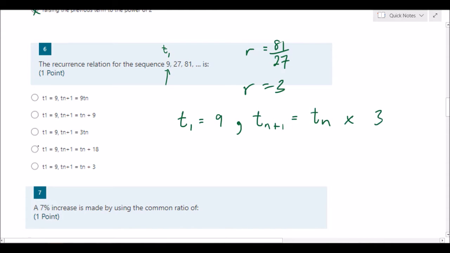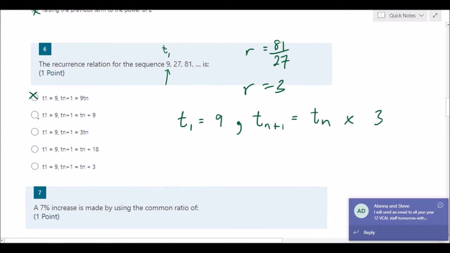So looking at these 5 answers, I can see that it could be this, but looking again at the common ratio there, it's 9. Now this actually is the same as Tn times 9. So don't get scared if it looks like that, but that's obviously not the answer.